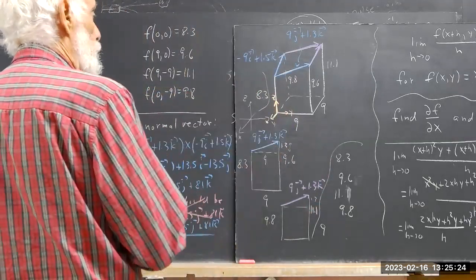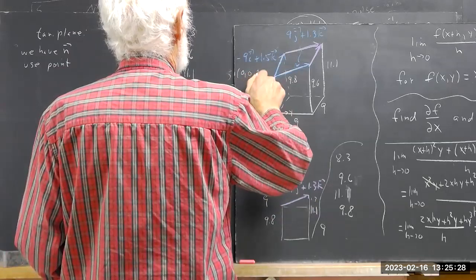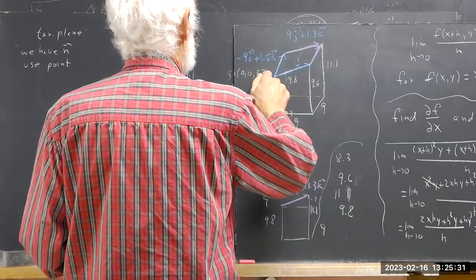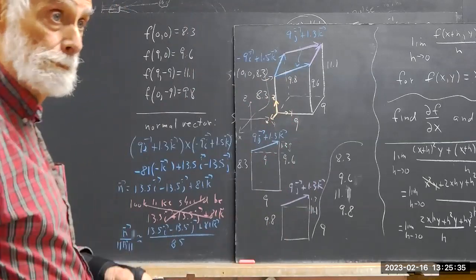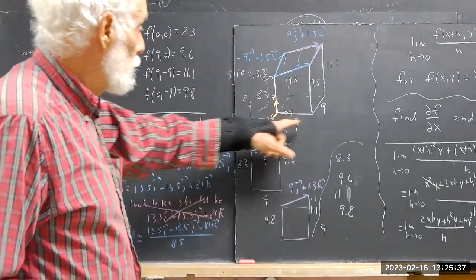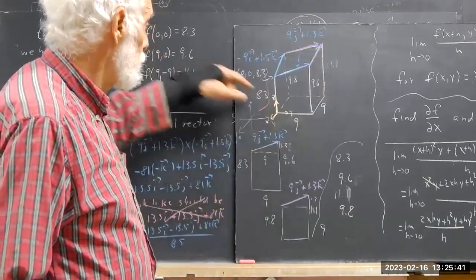So this point is now 0, 0, 8.3. This point is 9, 0, 9.6.